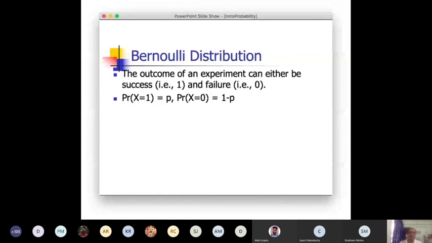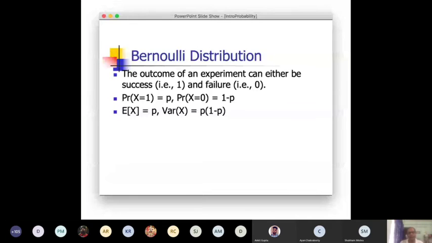You need to specify only the probability of one of these outcomes. Then naturally the probability of the other outcome is also defined, right? Because it's a binary situation. So there is a parameter P, which here is the probability of x equals 1. So naturally the probability of x equals 0 would be 1 minus P.